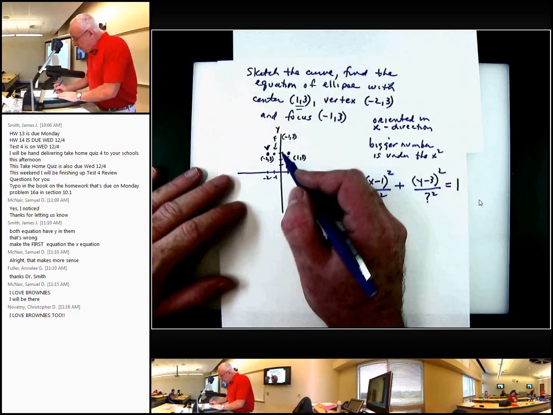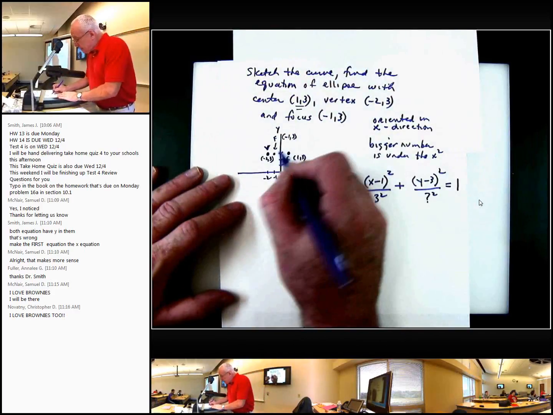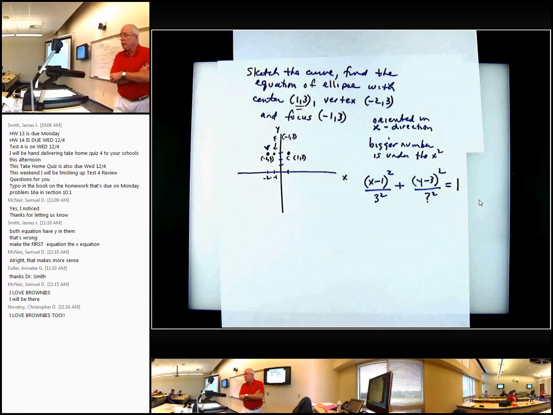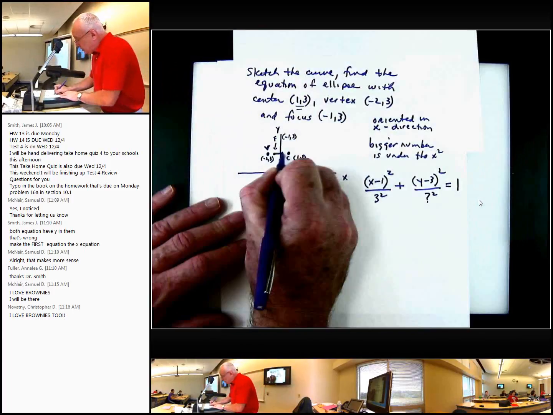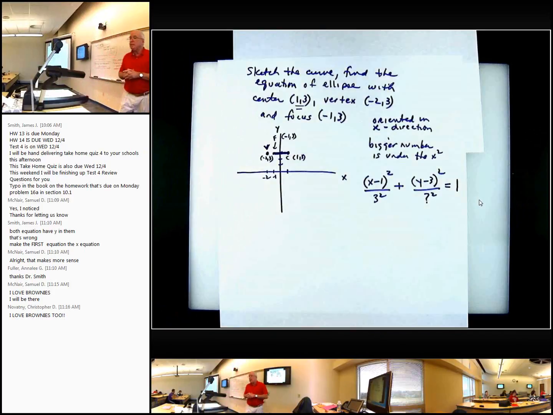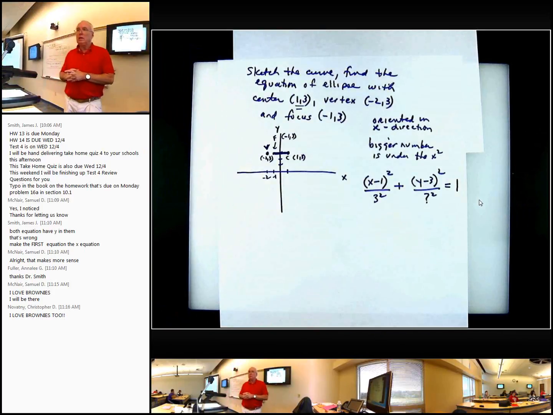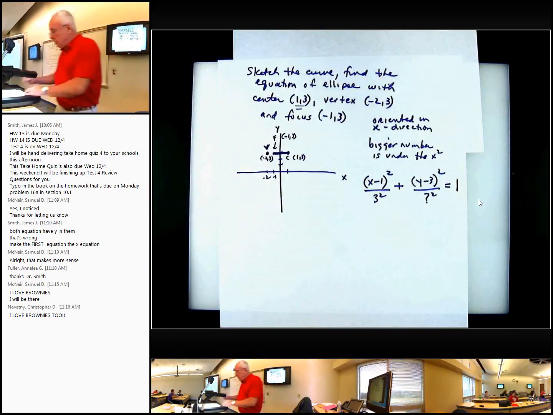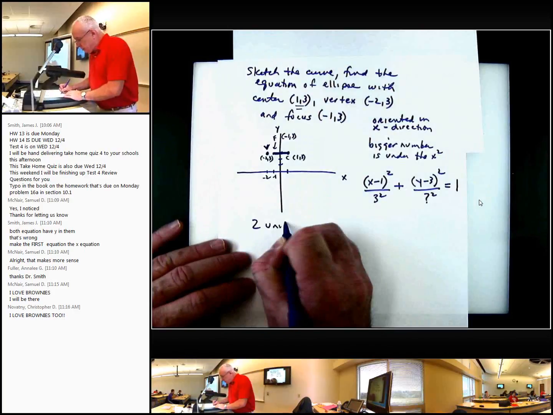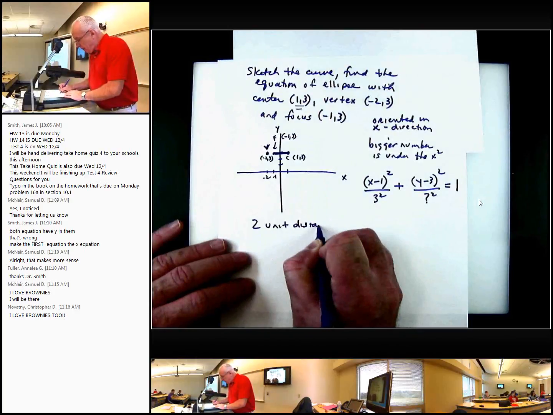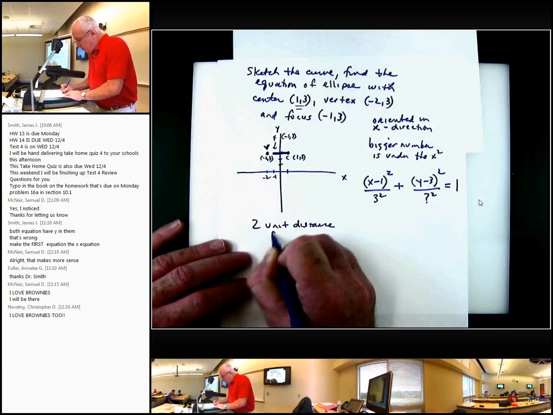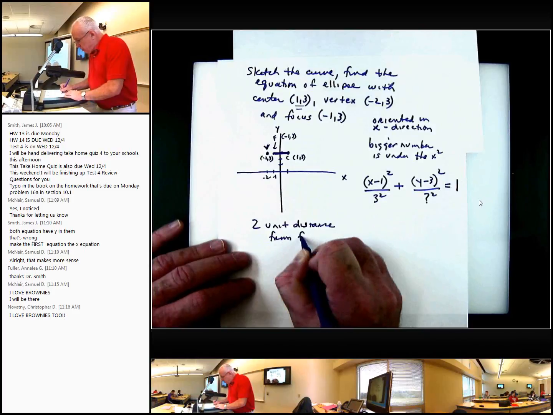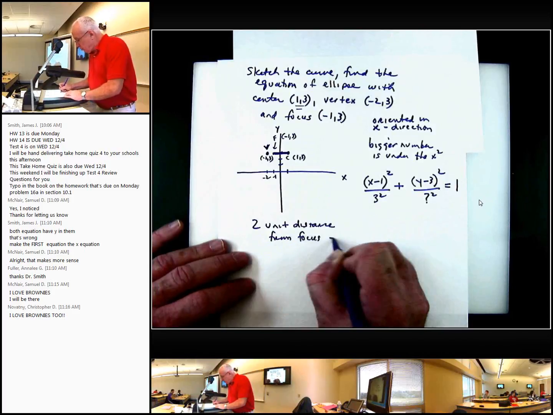Now, we've been given the focus here is -1, 3. So what's the distance between the focus and the center? 2 units, right. So 2-unit distance from the focus to the center.